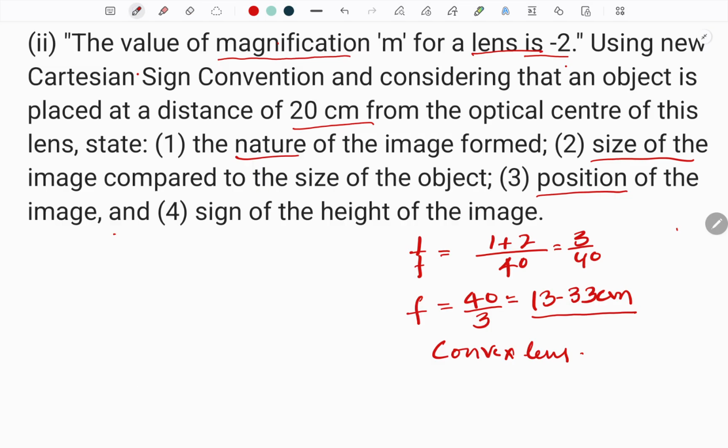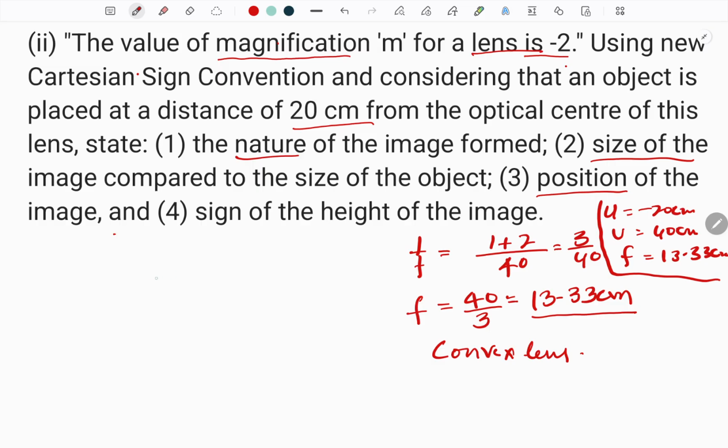We have object distance minus 20 centimeter, image distance 40 centimeter, and focal length 13.33 centimeter.